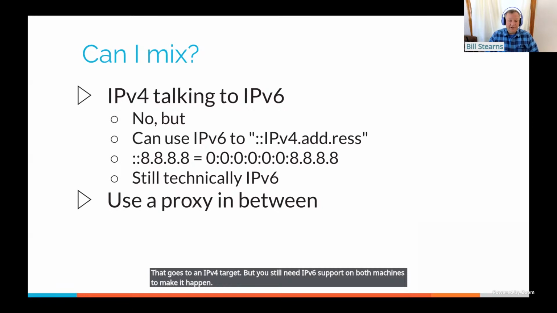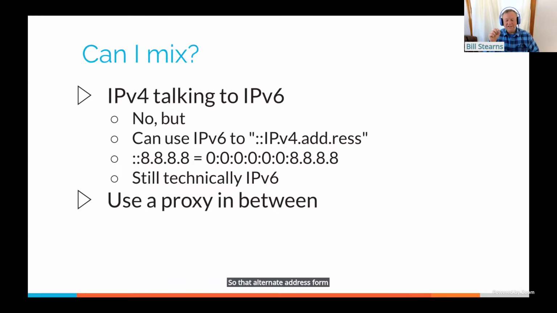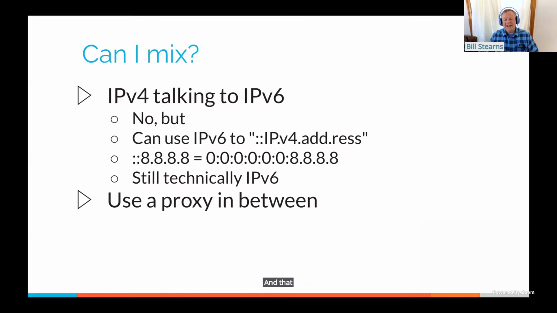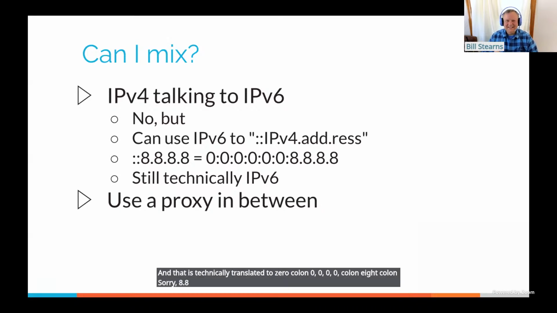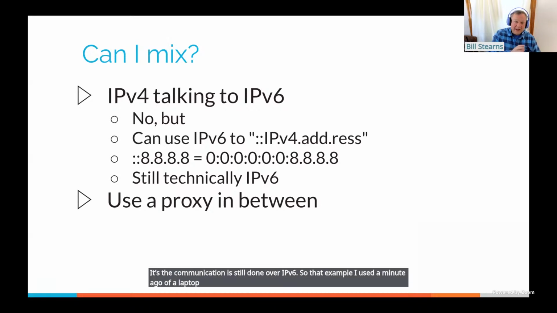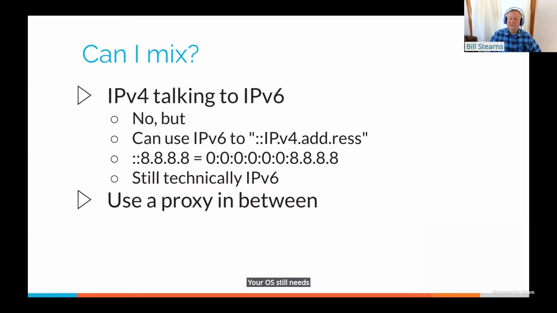So that alternate address form is ::8.8.8.8, and that is technically translated to 0:0:0:0:0:0:8.8.8.8. The communication is still done over IPv6. So that example I used a minute ago of a laptop that only knew how to talk IPv4 still can't use this approach. Your OS still needs to understand IPv6 to make this work.